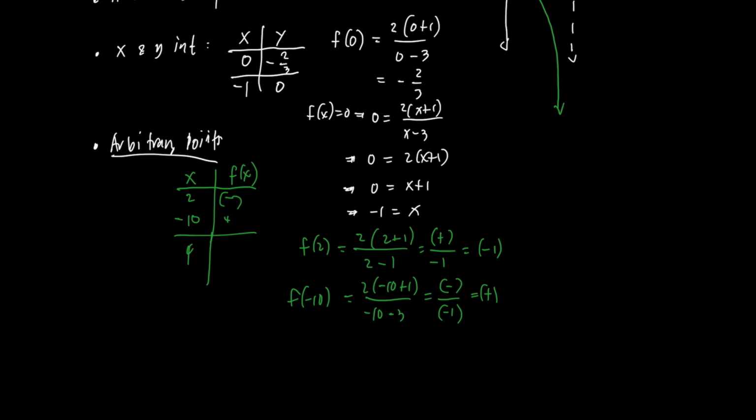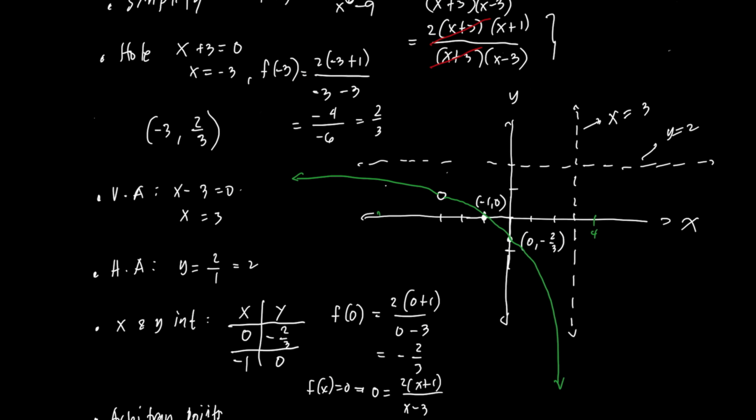This is positive. If we use 4, what is f of 4? That's 2 times 4 plus 1 over 4 minus 3. That's 5 times 2, that's 10 over 1. So f of 4 is 10.